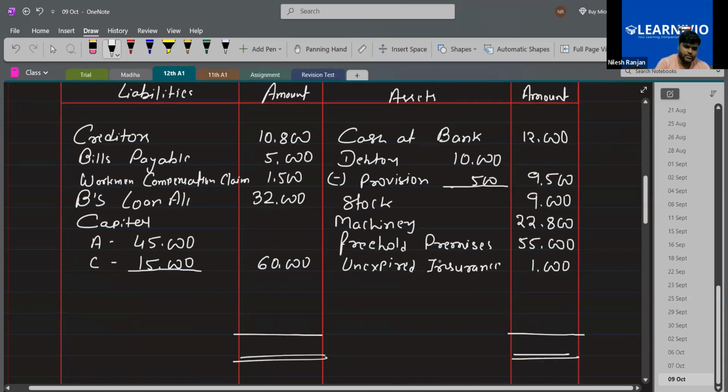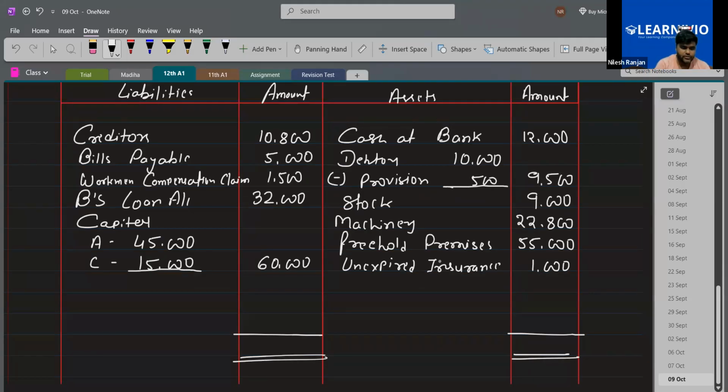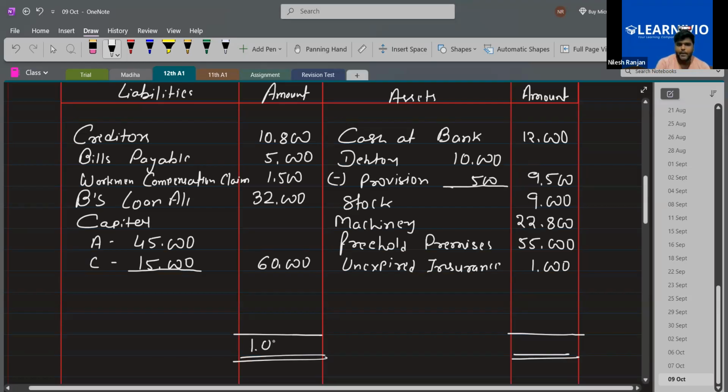Now add all the items together. So 10,800 plus 5,000 plus 1,500 plus 32,000 plus 60,000. So 1,09,300.